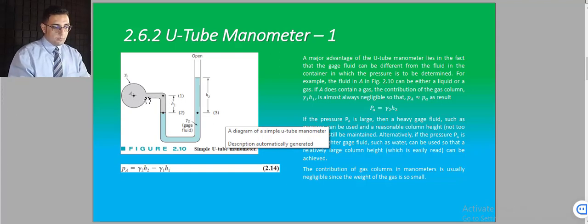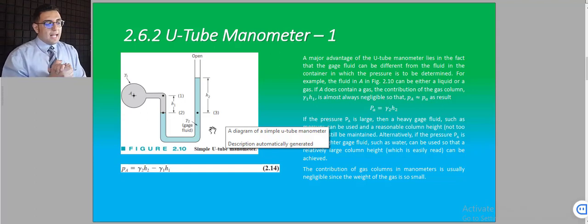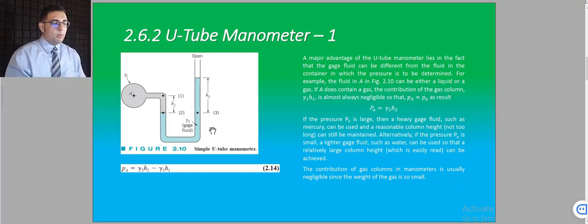It is verified already, and it is the fact. The advantage of the U-tube manometer is that we can have two different fluids at the same time and verify their pressure difference simultaneously.